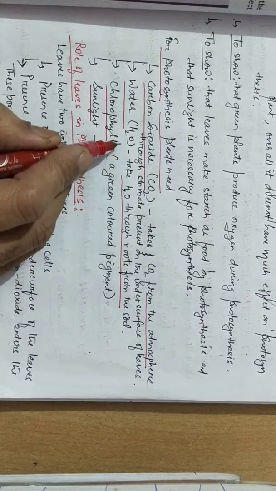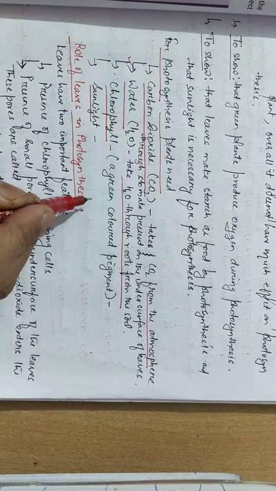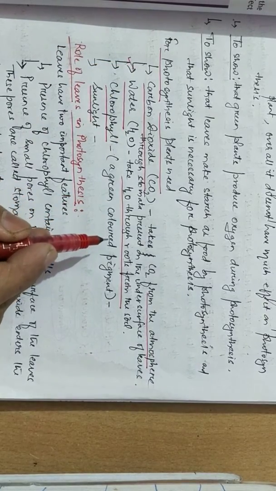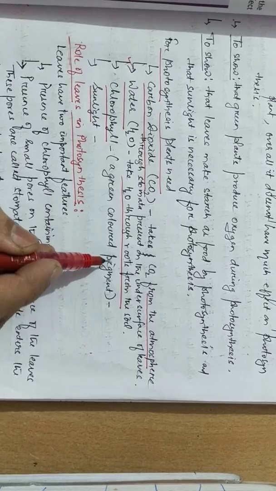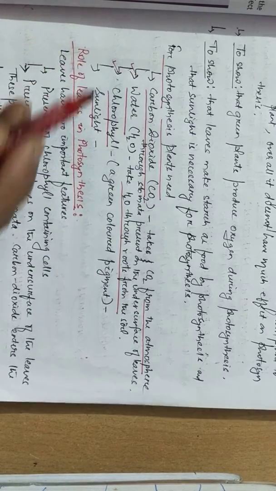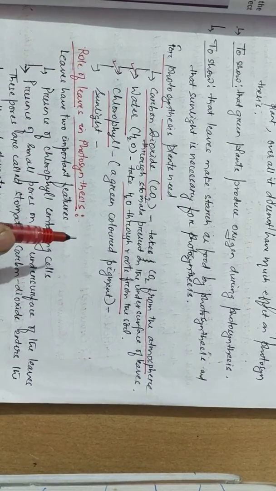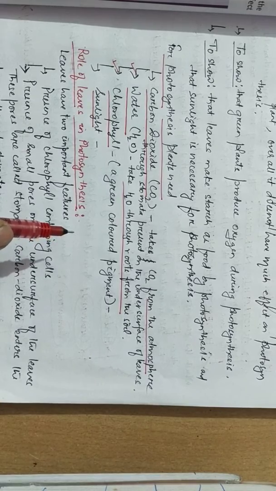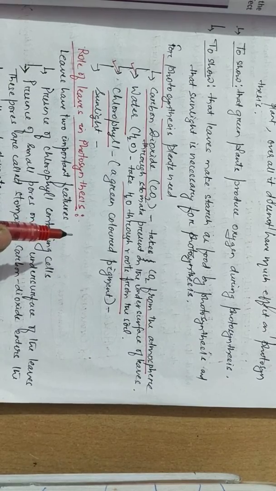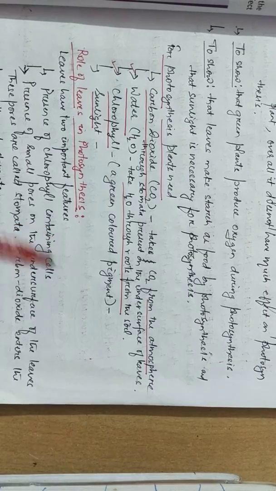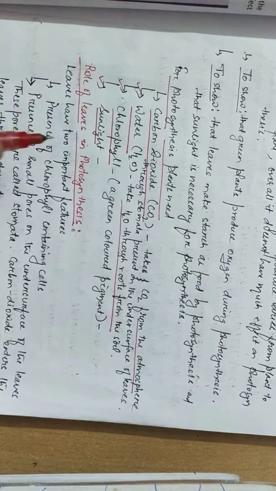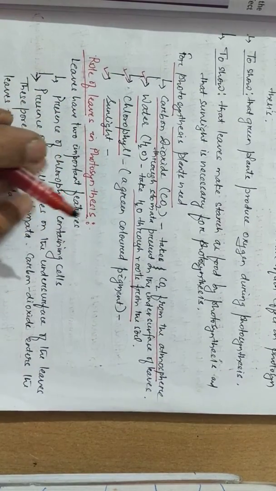Then the second raw material is the water, which is also very important. They take water through the roots from the soil. Chlorophyll is a green pigment present in the leaves of the plant that traps the solar radiation or the solar energy coming from the sun. And then we have sunlight, because without sunlight photosynthesis cannot take place.